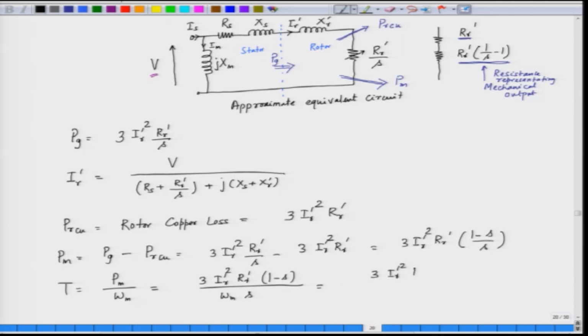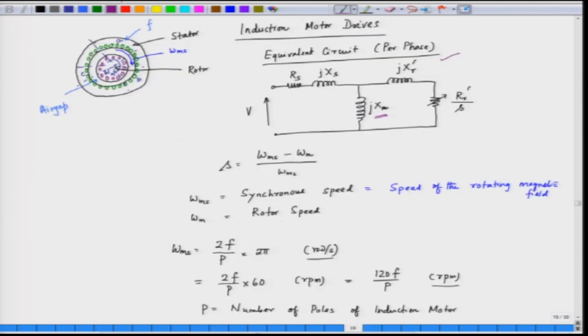So, that is equal to 3 I_r squared R_r'. We can replace this quantity by the synchronous speed. As we know before, the slip has this relationship, from which we can say that omega_m is equal to (1 minus s) into omega_ms.